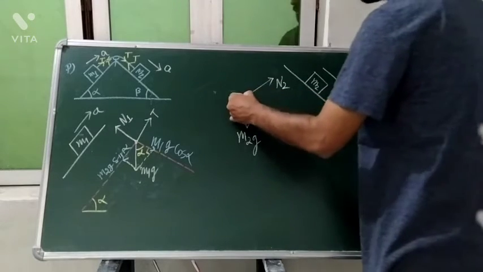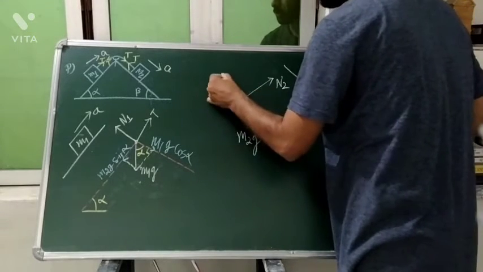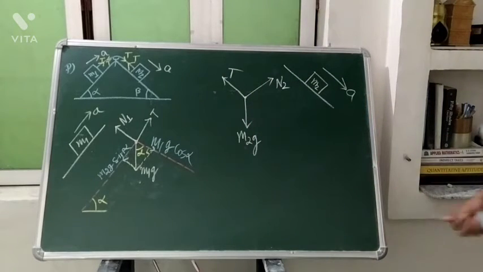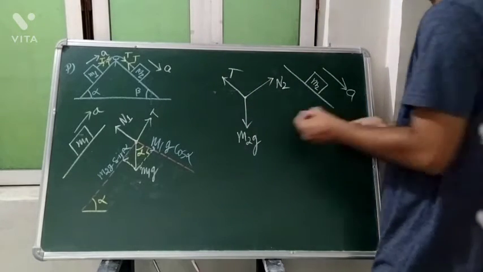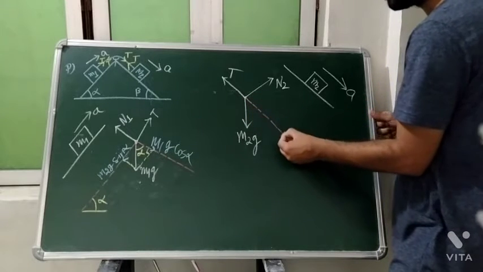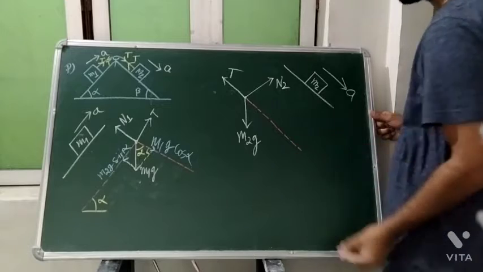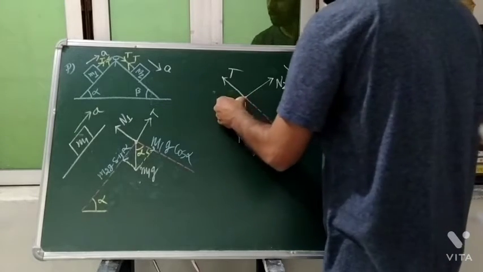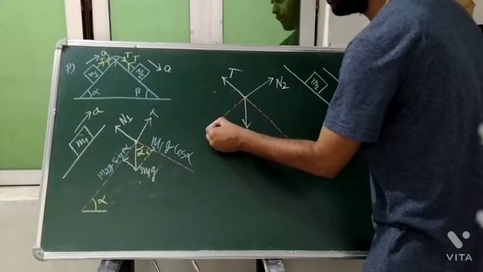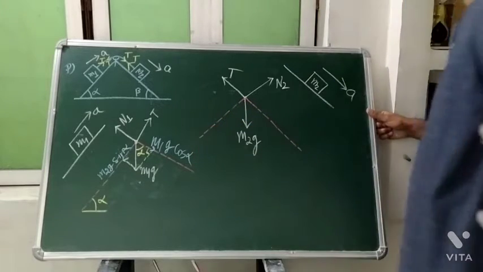Tension T is acting in this direction along the contact surface. Only this much force is acting here. Our next task will be to resolve these forces along the contact surface and perpendicular to the contact surface.